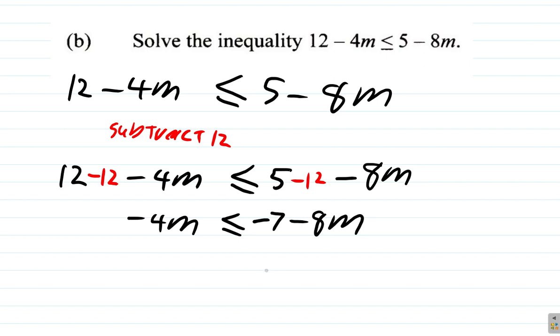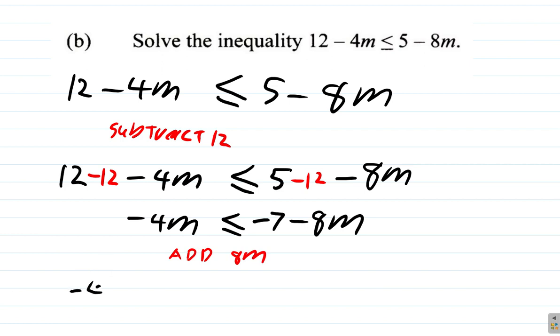If I subtract 8m, I'm going to have negative 16m over here, and would not have gotten rid of it. I want to get rid of m from over here. So I have to add 8m. Let's see what happens when we add 8m.